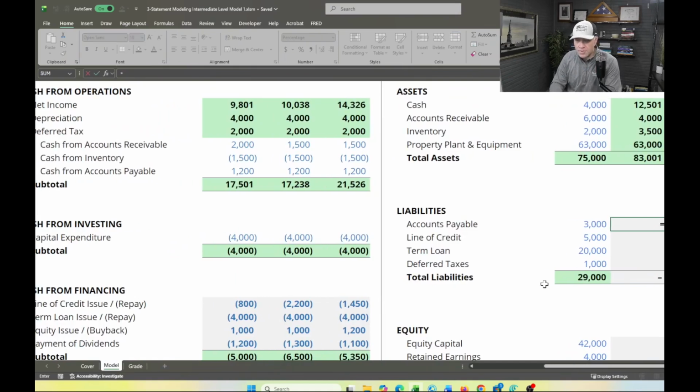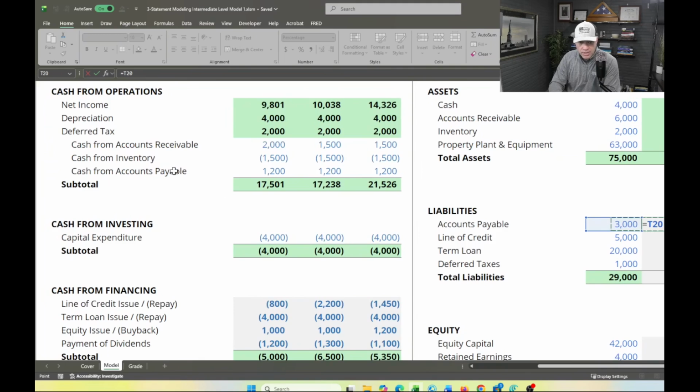So I'm going to go equals, of course, a balance. I want to know the previous amount. And then let's go find accounts payable. It's right here. Well, we are adding accounts payable. Each period, each year, I'm adding another $1,200, or 1.2 million, onto what I owe. This is the change of cash.